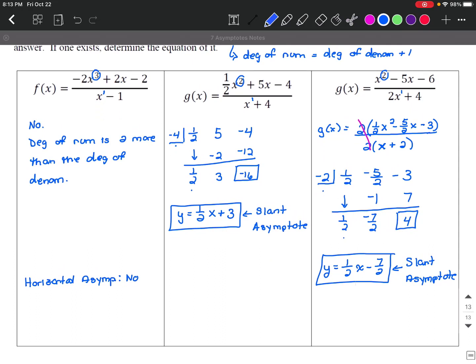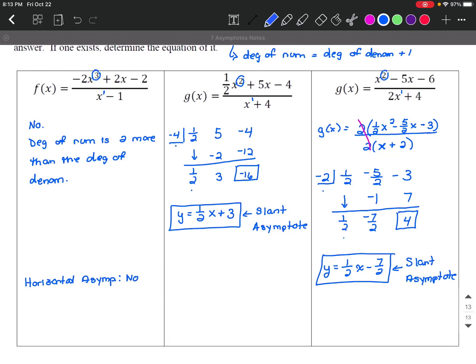Okay guys, so we've learned a lot tonight. The slant asymptote: if the degree of the top is bigger than the degree of the denominator by 1, we do synthetic division and ignore the remainder. Horizontal asymptotes, we look at the degree of the top and the degree of the bottom. If the degree of the bottom is bigger, the bottom gets bigger faster than the top, and the horizontal asymptote is y equals 0.